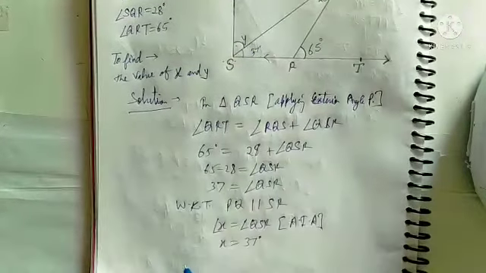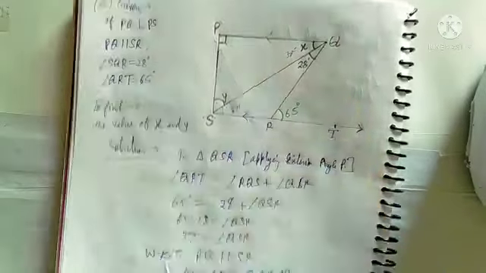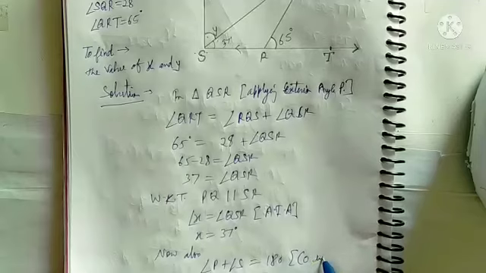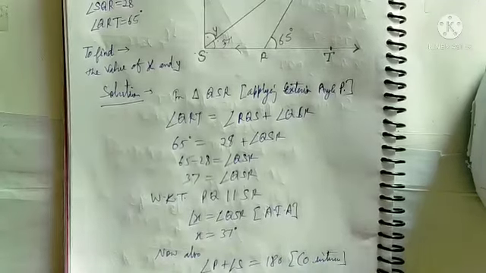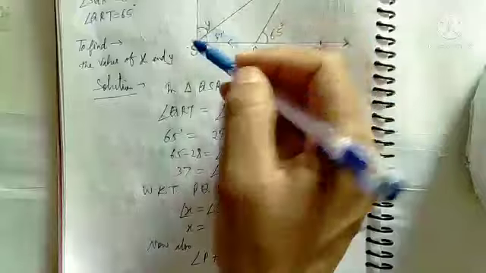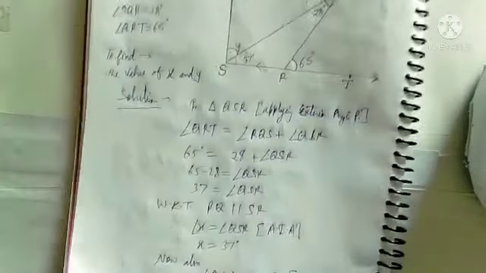Now it's so simple. You also know that angle P plus angle S is equal to 180, meaning this angle P and this whole angle S. Why? Because they are co-interior angles, which are supplementary.